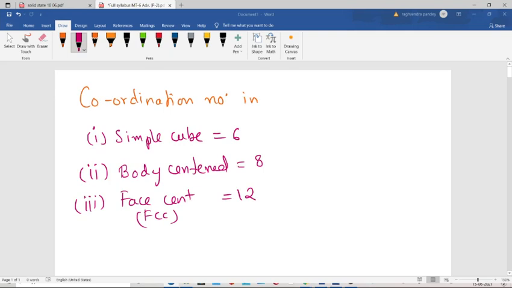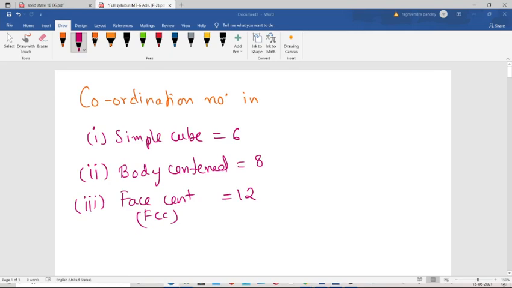So this is r, this much distance is 2r, and again this distance is r. Same here. The volume of the spheres divided by the volume of the cube, a cube, is the packing fraction.